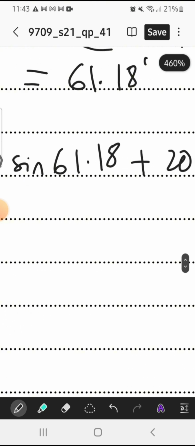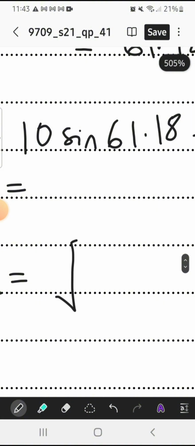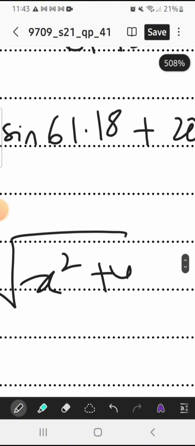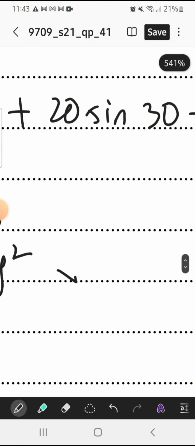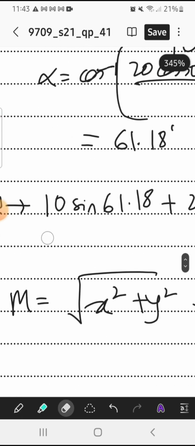Whatever we get here, the magnitude is going to be x squared plus y squared. X squared we know is 0, so we can just do y squared, which can be found by doing this whole thing as a magnitude.